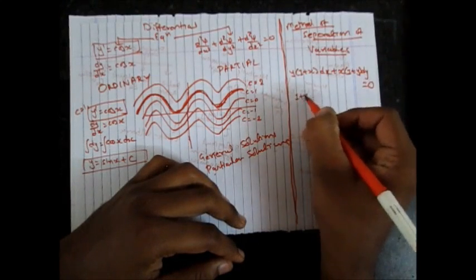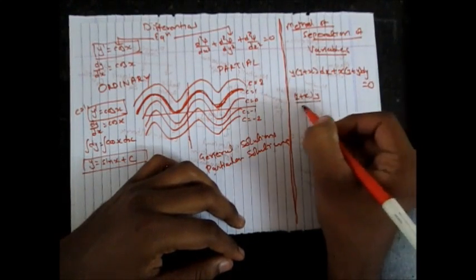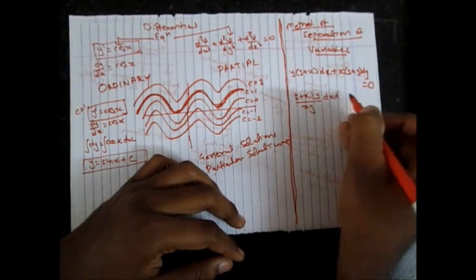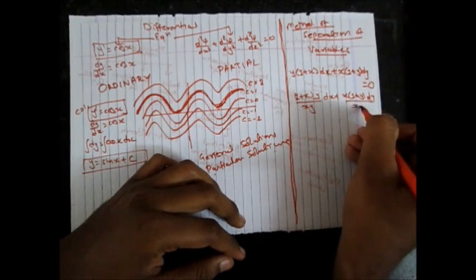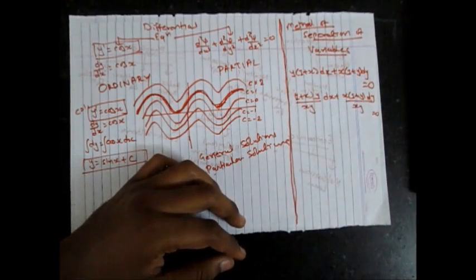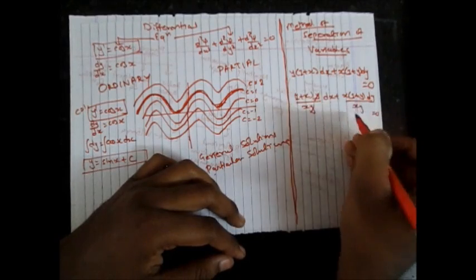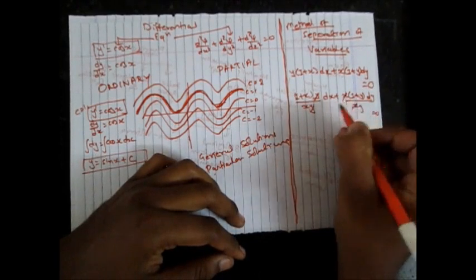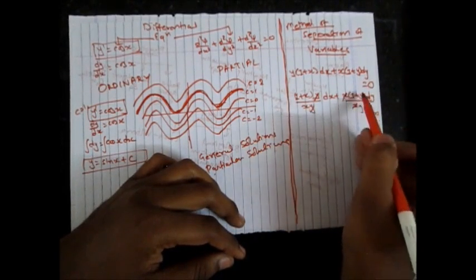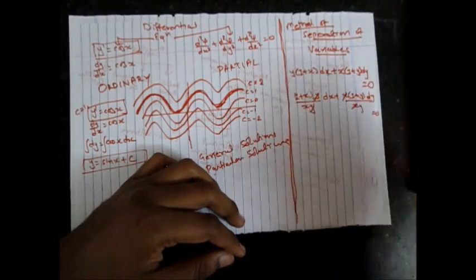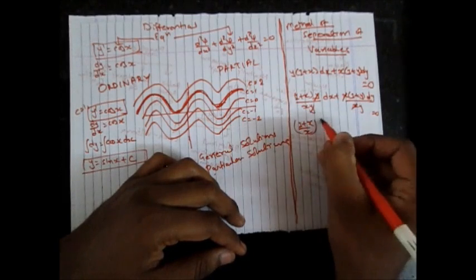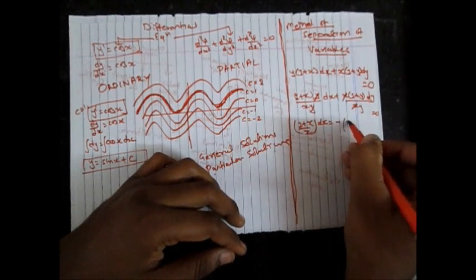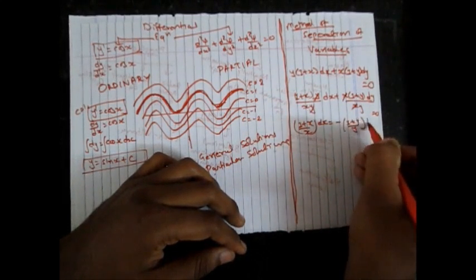So (1 plus x) y divided by xy dx plus x(1 plus y) dy divided by xy equal to 0, right? Y gets cancelled, here x gets cancelled. I'm just going to take the y terms to the right side of this equation. So (1 plus x) divided by x dx is equal to minus (1 plus y) divided by y dy.